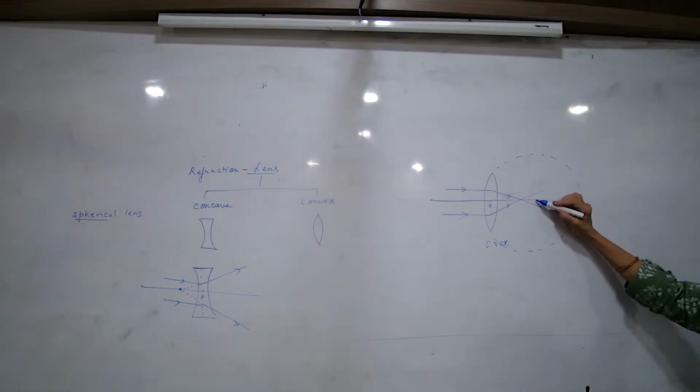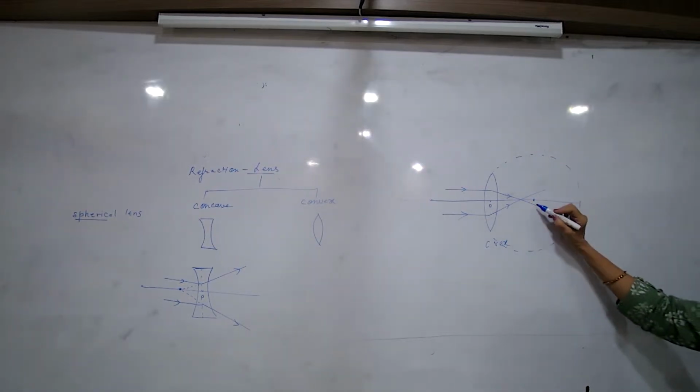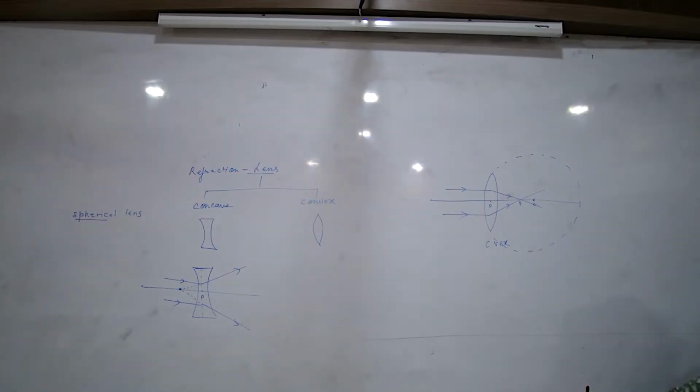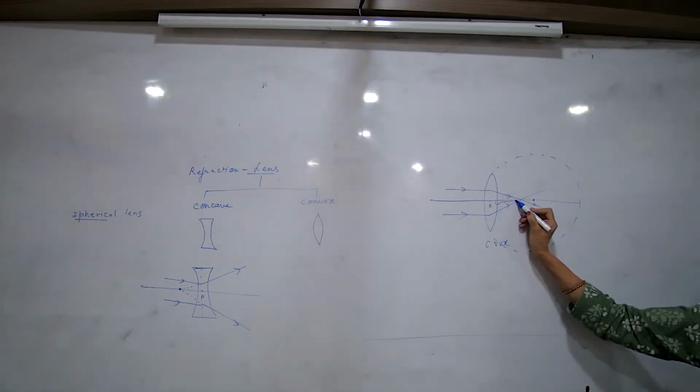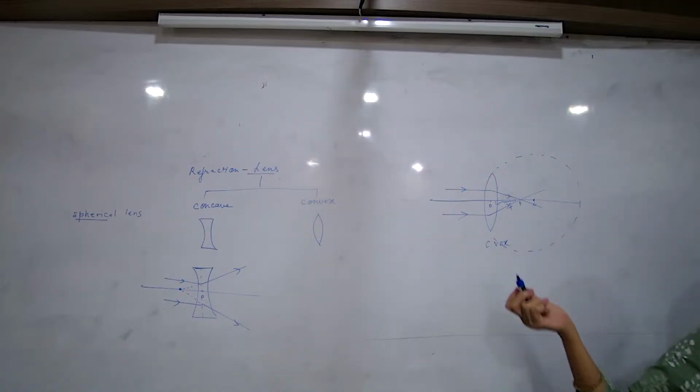So this is your center approximately of the sphere. Did you notice what happens to the focus? It is half of that. To draw it accurately, this is your focal length F, which is going to be half of the radius of curvature. Is that okay?